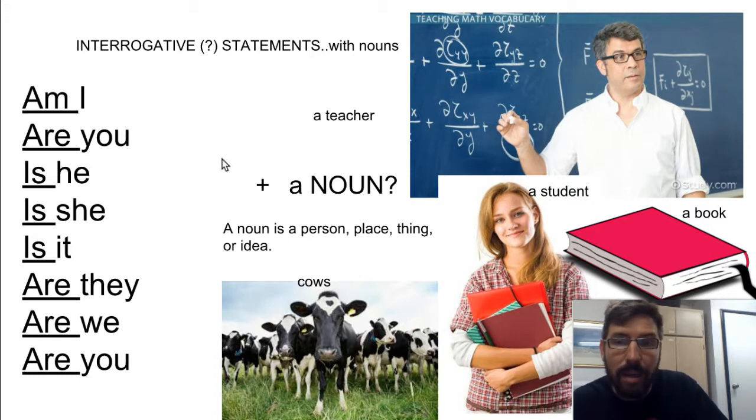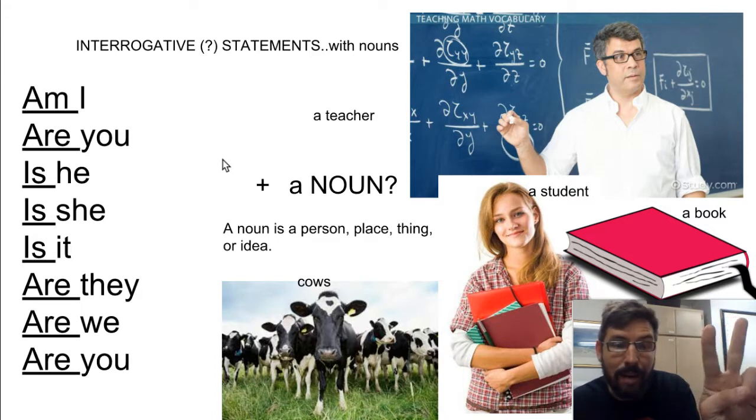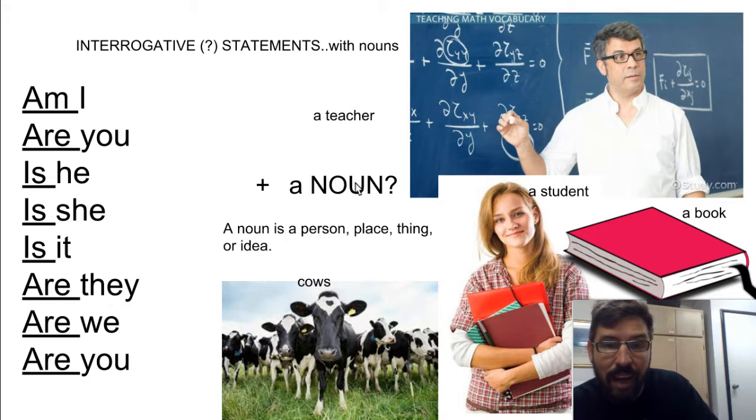Okay, when I make a question, I just need to reverse the be verb and the pronoun or the subject, right? So instead of saying I am, I? You are, you? Right? And you'll notice there's a question mark at the end, right? So I might ask you, if I don't know you, I might say, oh, are you a teacher?